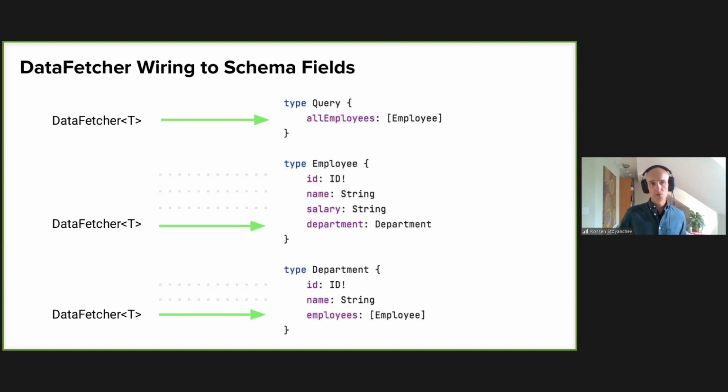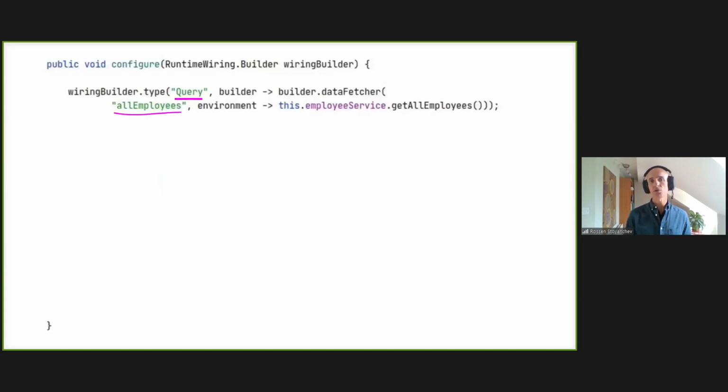And of course, we have to bind these data fetchers to specific fields in the schema, as was explained earlier. If you're doing that with GraphQL Java, then this is what's called the runtime wiring. You get a builder, and that builder allows you to bind this kind of logic to specific fields in the schema in order to fetch the data.